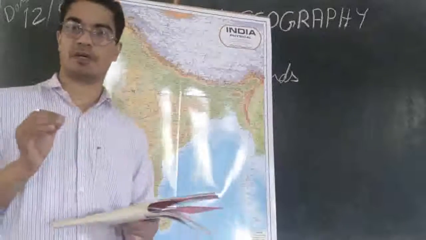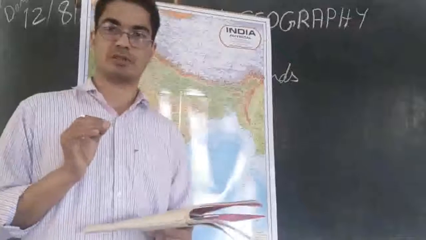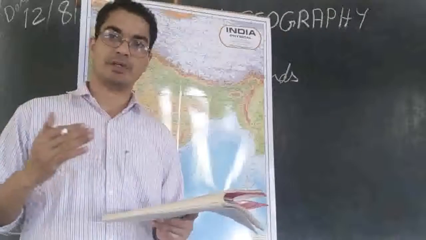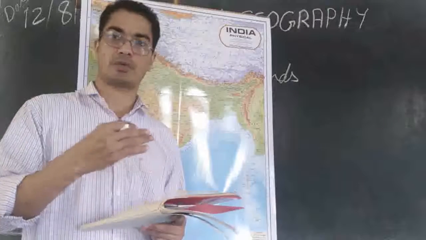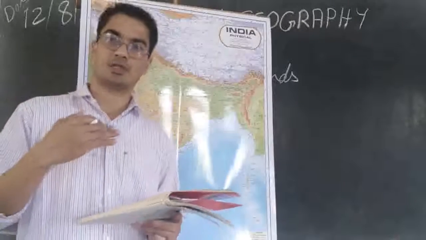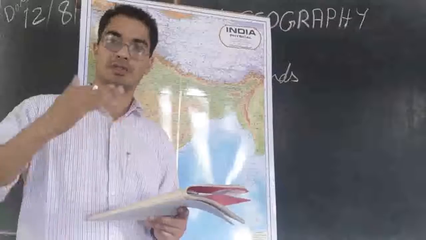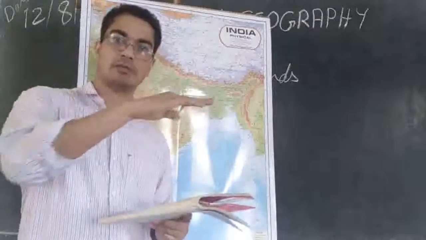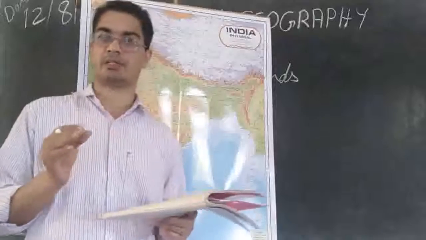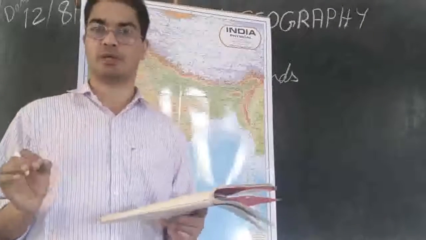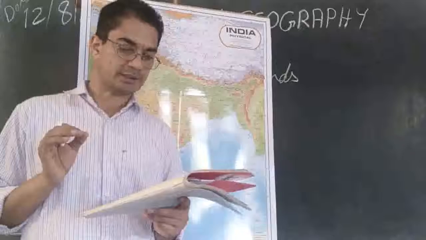From the name itself we can understand two things about these jet streams. First of all, it is flowing towards west, that is why it is known as westerly. Then it is known as subtropical because it is blowing in the subtropic areas. So from the name itself we can understand the characteristic of this wind, the jet stream.